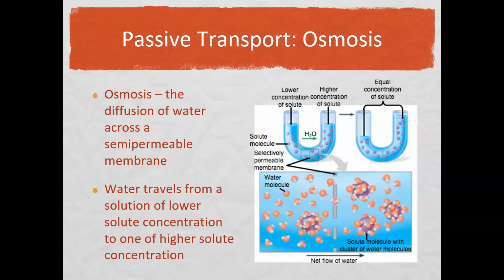But unfortunately, for whatever reason, science has decided that we're going to define certain terms for how we discuss osmosis based on the solute concentration instead. So we're really moving water from where there's less solute to where there's high solute.